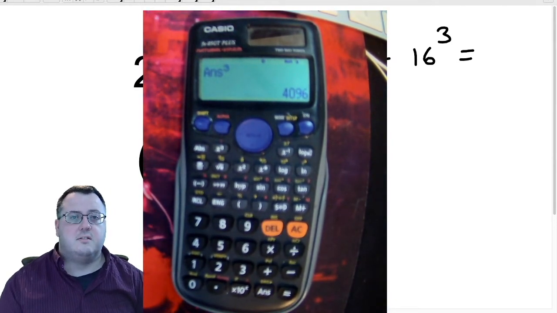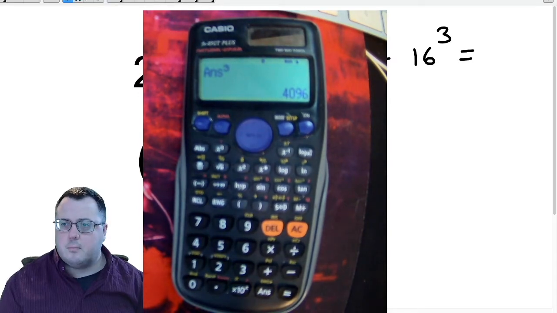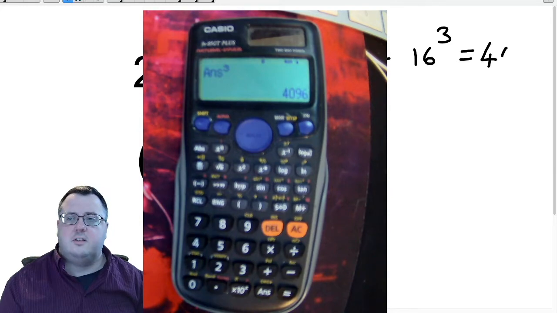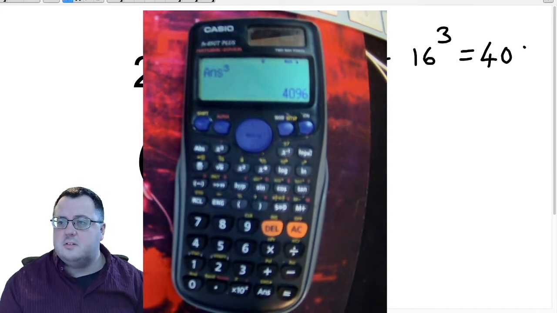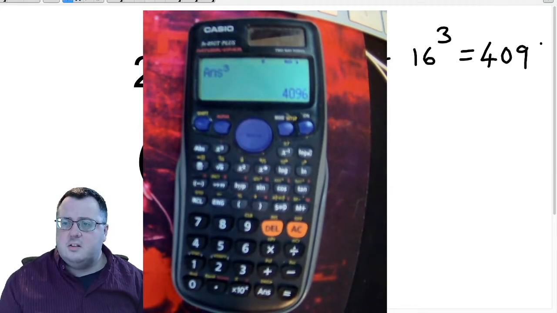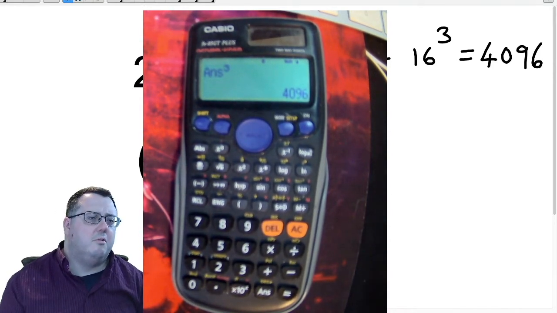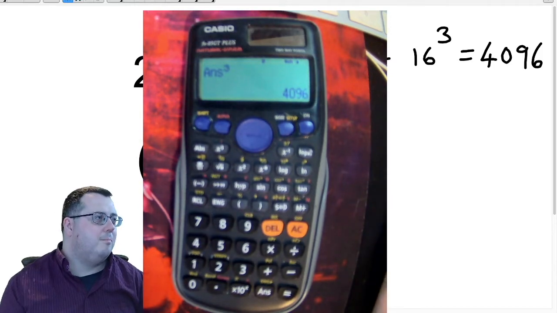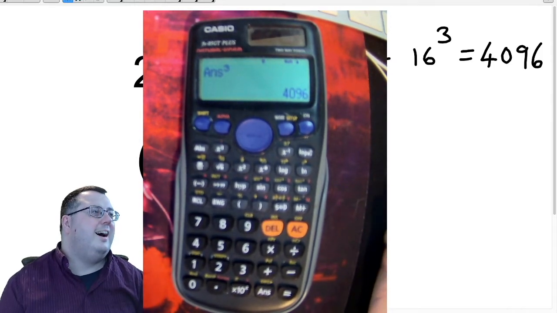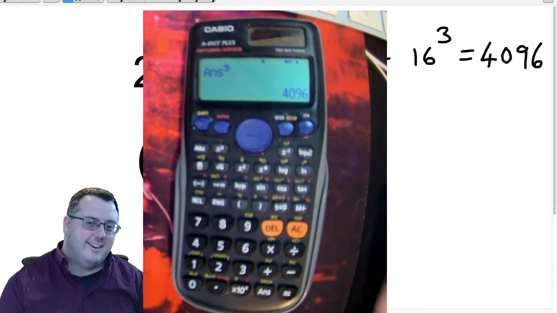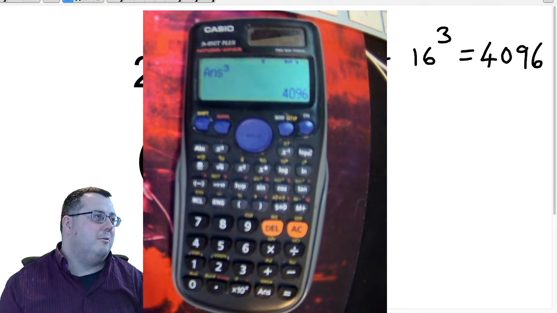So that's the reason I showed you the x to the power button in the last set of slides, because this law makes you combine both the root button and the x to the power button. You need to know how to use both, in other words.